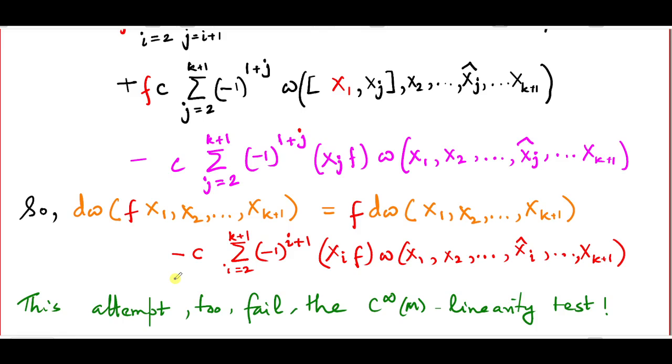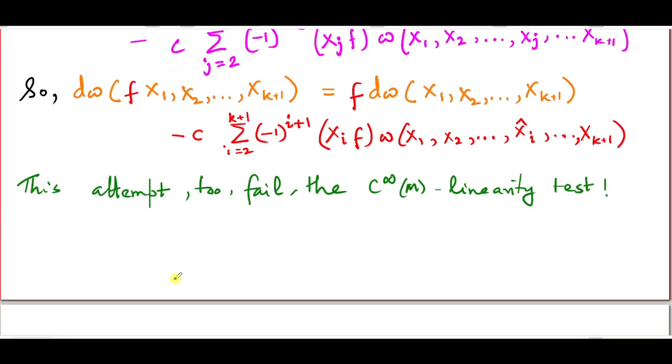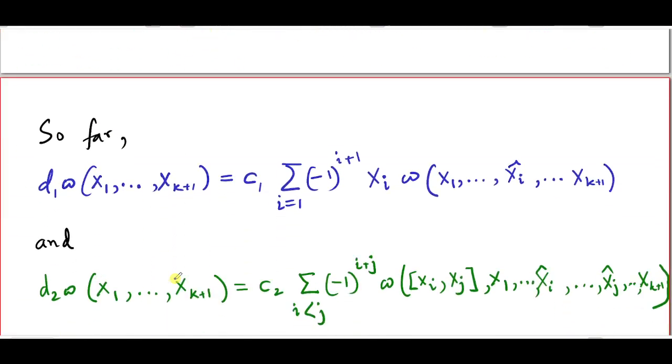So we haven't really progressed much. We have made 3 attempts so far, each one of which had failed on one count or the other. But now let's take stock of where we are. We actually have 2 surviving attempts which pass both R linearity and alternatingness. The first one of them is this one.